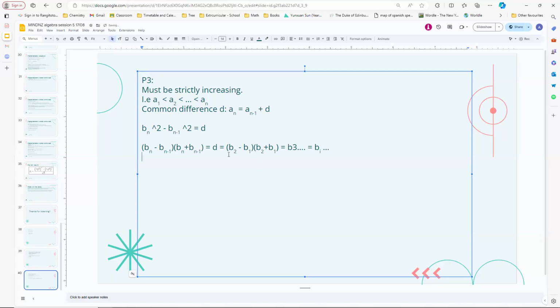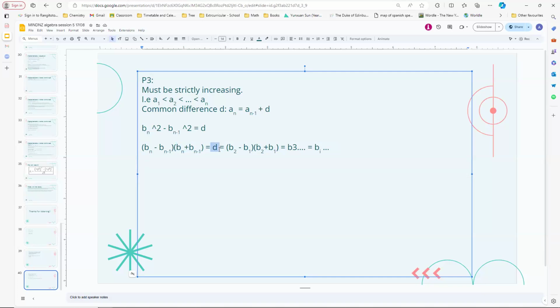But what does this mean? We know that an is strictly increasing, but an is the same thing as bn squared. So we know that bn must also be strictly increasing, assuming bi is positive. But this tells us that the sum bn plus bn minus 1 must also be strictly increasing. But we have that the difference is always the same, right?